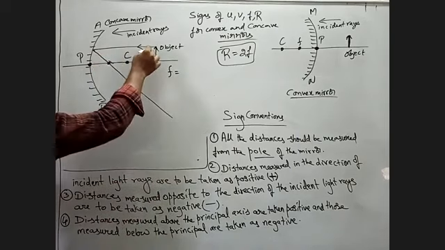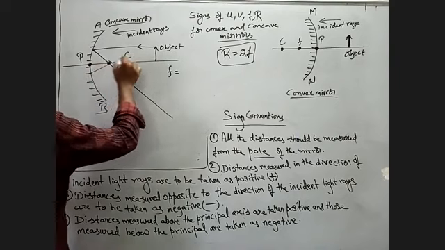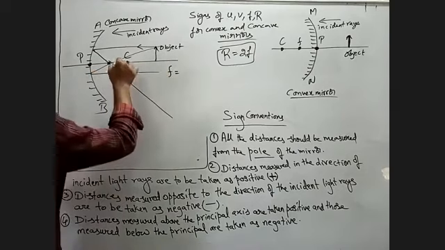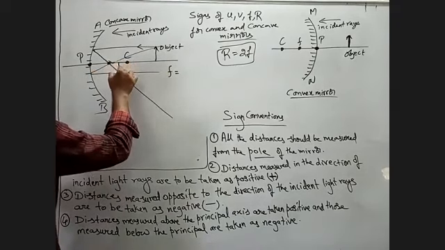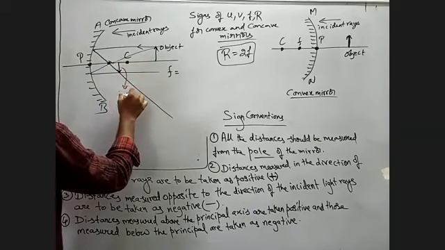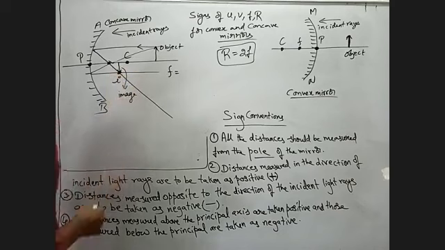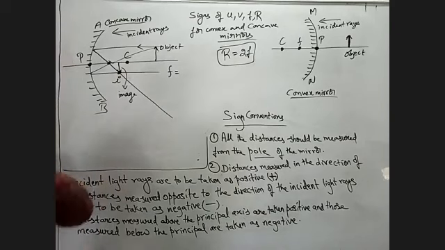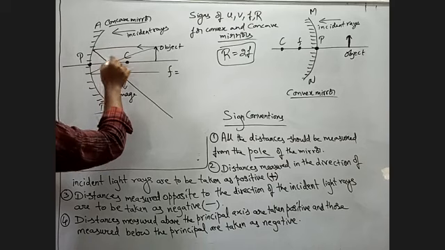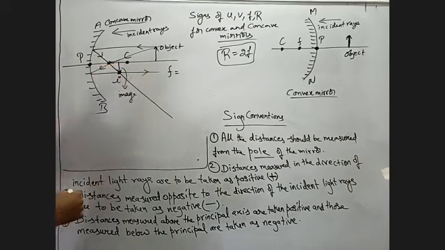Another one we take like this. You will get the image here. So this is your image, at this point. So this is I. And this is the incident ray, something like this. This is reflected. This is another ray. This is the reflected ray.